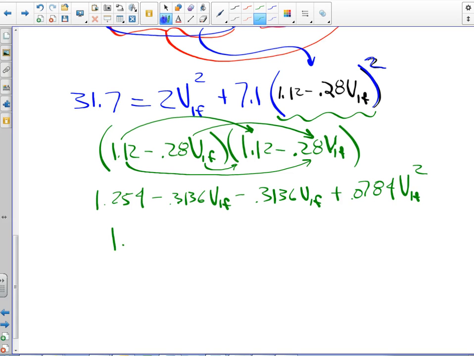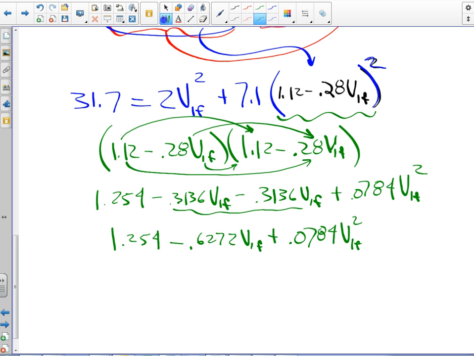Combining the two middle terms here, is going to give us 1.254 minus 0.3136 times 2, so 0.6272 v1 final plus 0.0784 v1 final squared. So all this in green right here is what we have after I square. So I have the following.